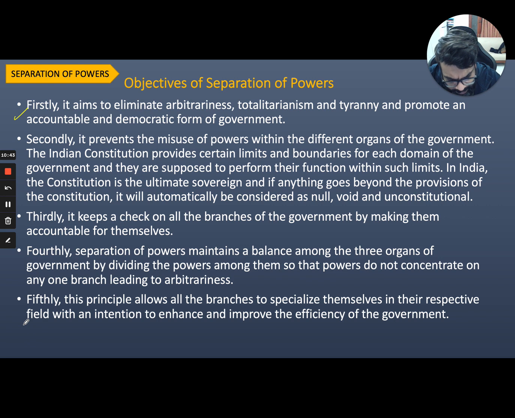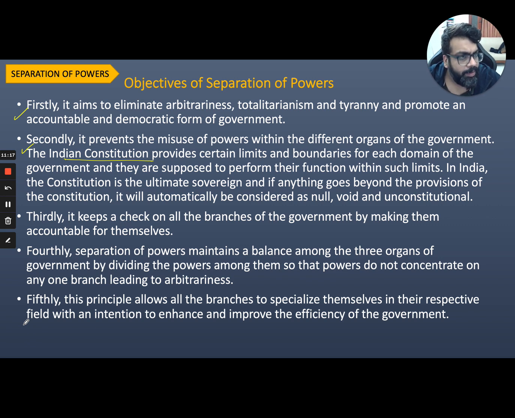This basically means that separation of powers, by separating the functions and giving each branch of the state an individual domain to function, creates a very clear sense of what they have to do, and therefore nobody gets too much power to begin with. Secondly, it also ensures that there is no misuse of powers, because the powers are limited, and these powers in India, for example, are limited by the Indian Constitution in the first place.